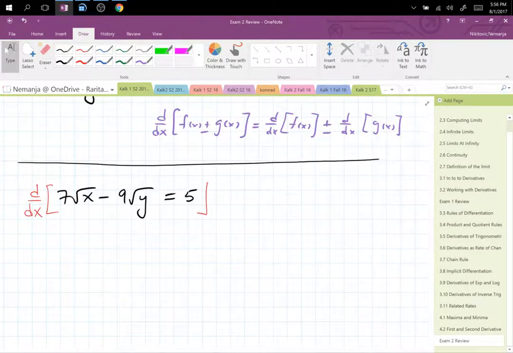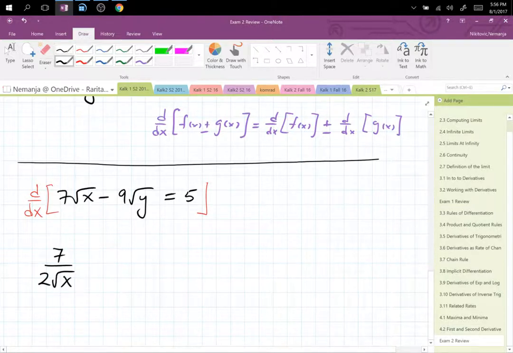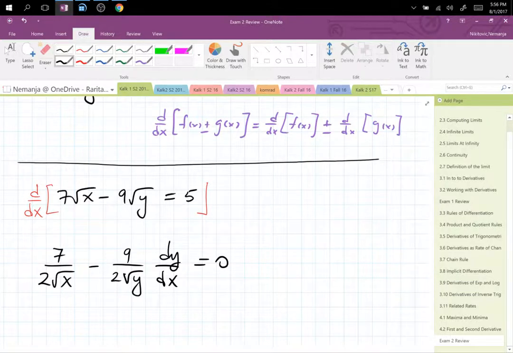For implicit differentiation, the first term is the square root of x. I'm taking the derivative with respect to x, so there will be no chain; the chain is dx/dx, that cancels. So I have 7 over 2 root x minus 9 over 2 root y, followed by the chain dy/dx, because I took the derivative of y with respect to x. The derivative of 5 is 0, it's a constant.